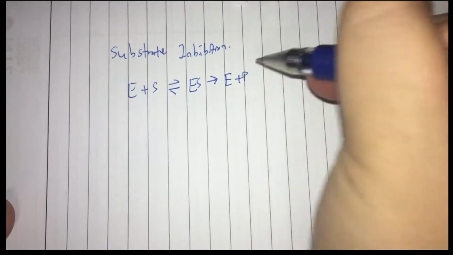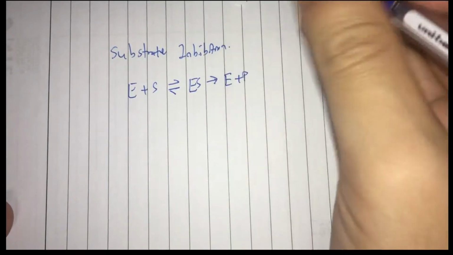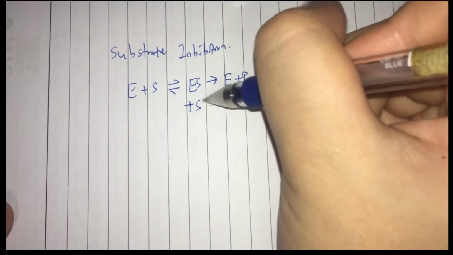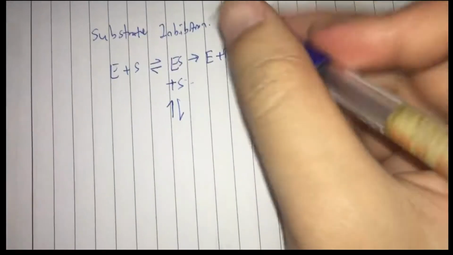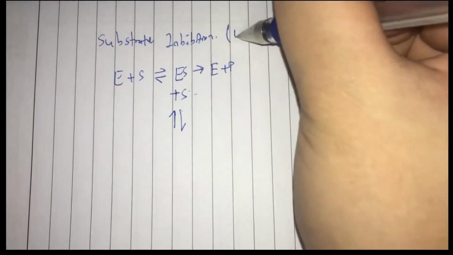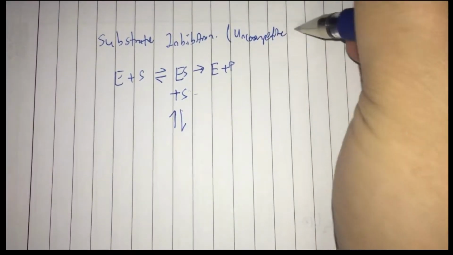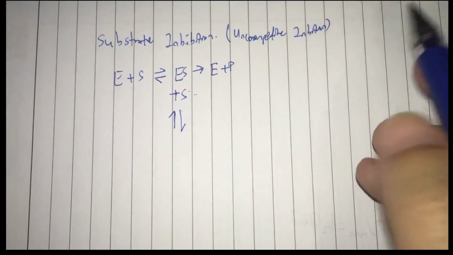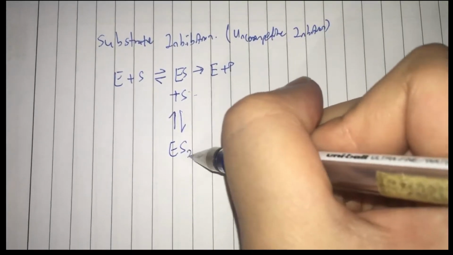You have E plus P. So if you have a substrate inhibitor, instead of I, your I becomes this S here. So this is a special case of the uncompetitive inhibition. Okay, a special case of an uncompetitive inhibition. So we have ES2.